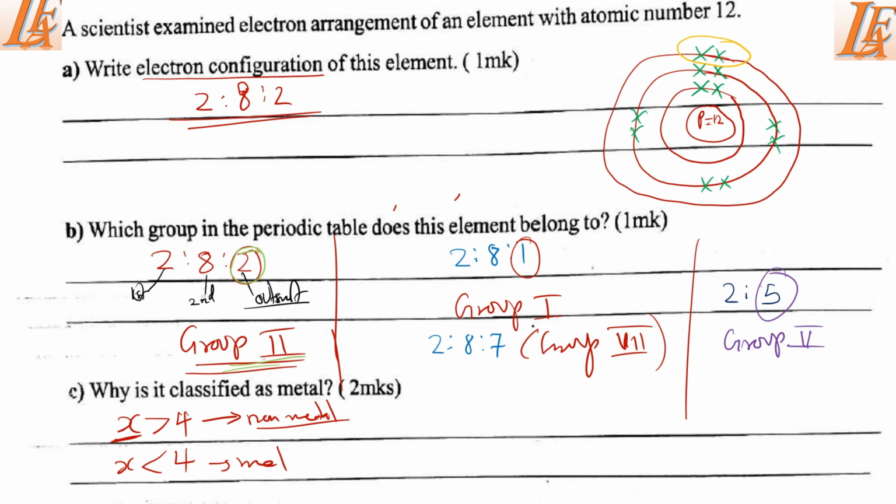Now if we look at the case we have up here, the number of electrons in the outermost energy level in the electron arrangement 2, 8, 2 is less than 4. Therefore, this one is a metal.